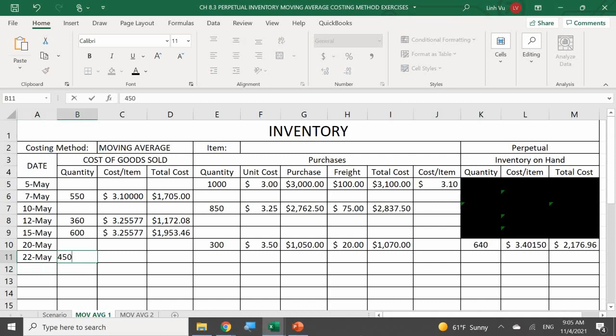So May 22nd, I sold 450 units at an average cost of $3.4115. Okay, good.